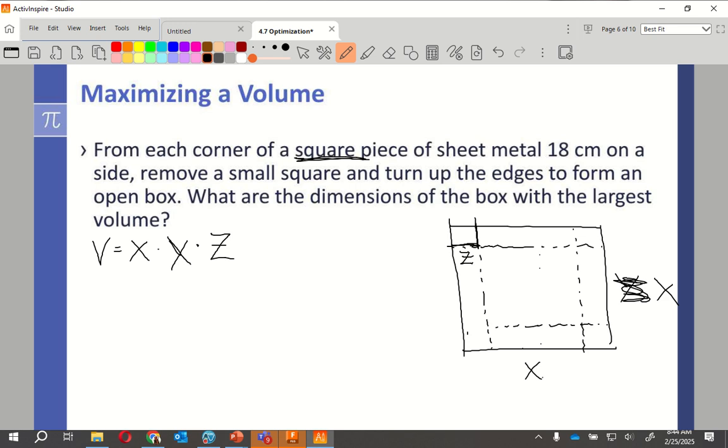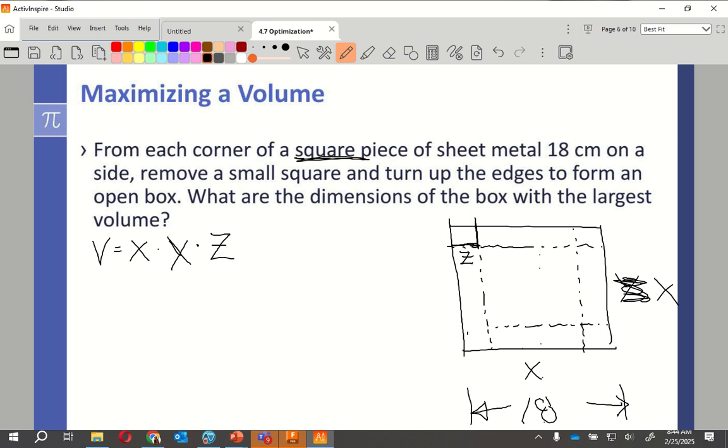Each corner of a square piece of sheet metal, 18 centimeters on a side. Okay, so now for the sake of argument, shouldn't the maximum be without cutting out anything?